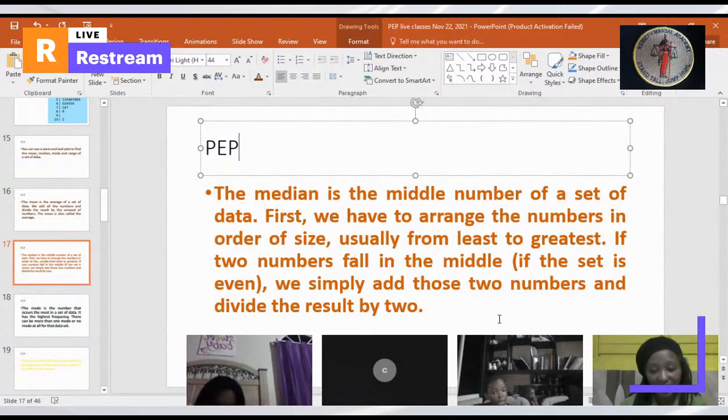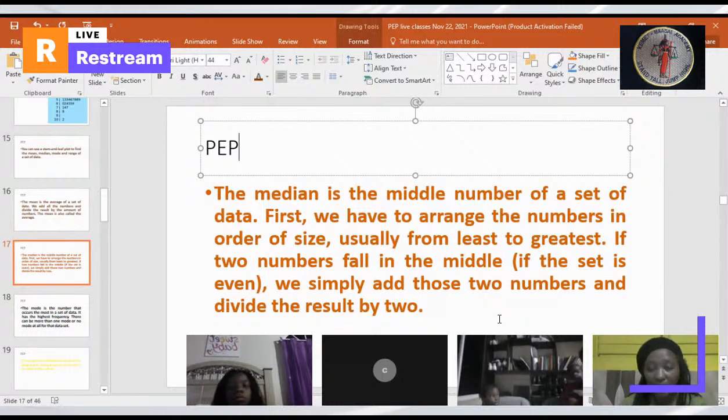Let me read that again. That's quite a mouthful. So the median is the middle number of a set of data. First, we have to arrange the numbers in order of size, usually from the least to the greatest. If 2 numbers fall in the middle, which is if the set is an even set, we simply add those 2 numbers and divide the result by 2.